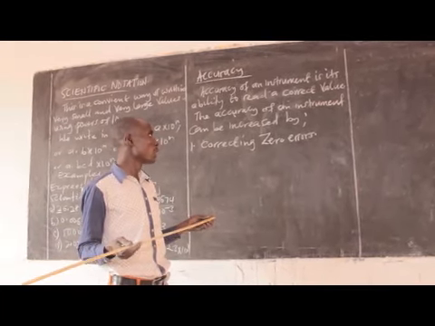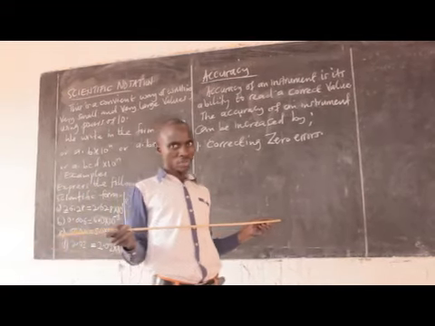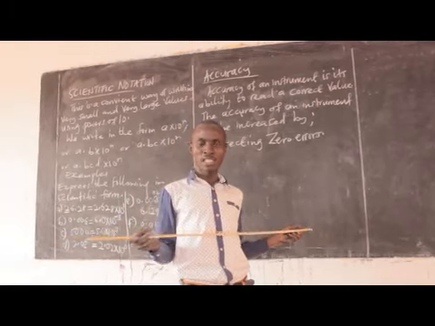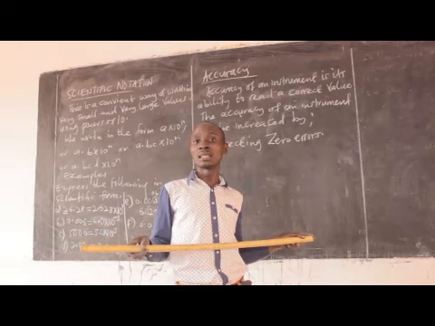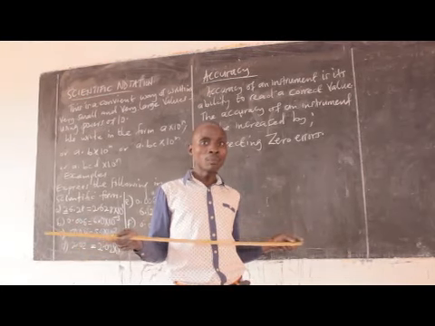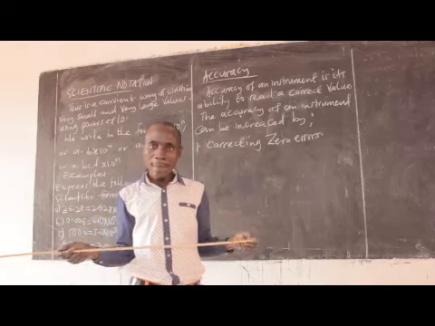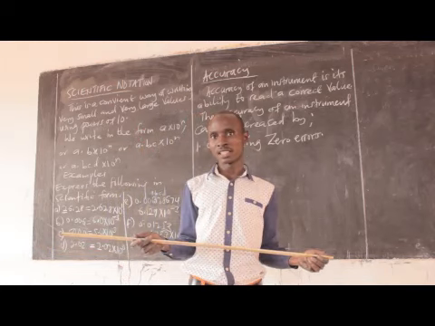So we can avoid zero errors. If our instruments have zero marks, we can avoid zero errors by always starting from the zero mark when we are measuring. But in a case where it's not avoidable, where you use an instrument which has no zero mark, you must be able to correct the zero errors.